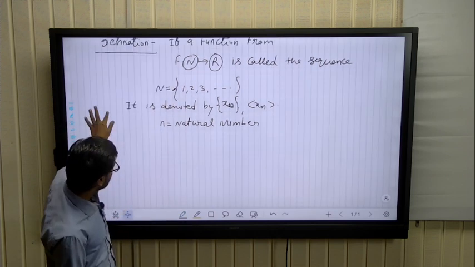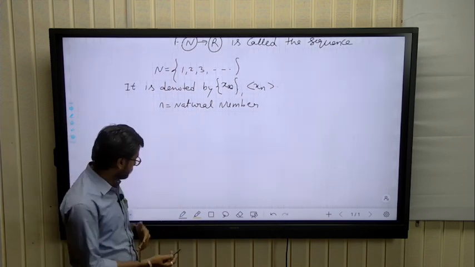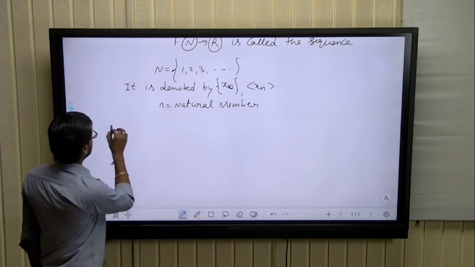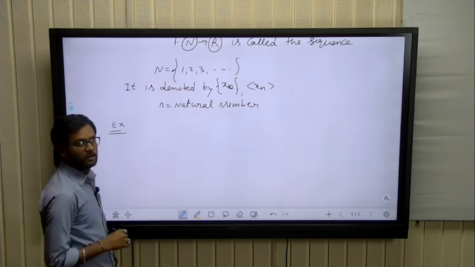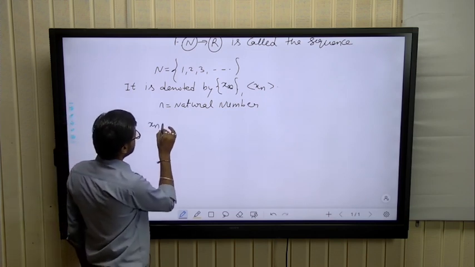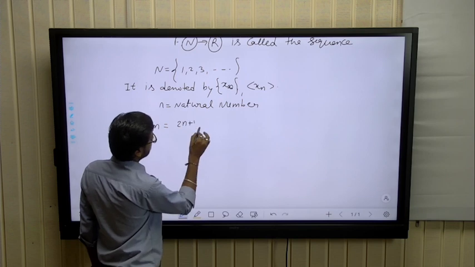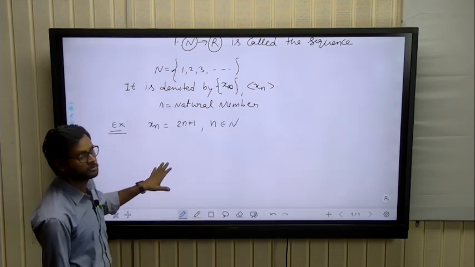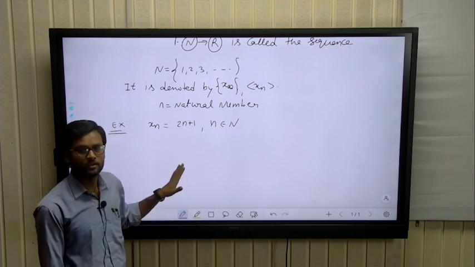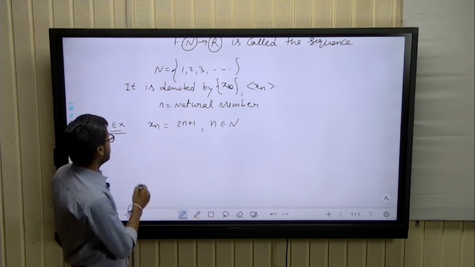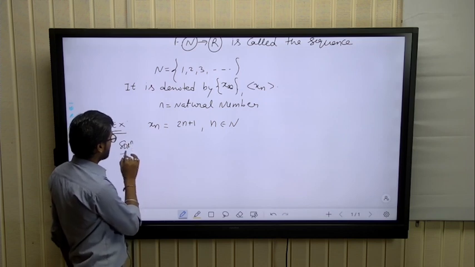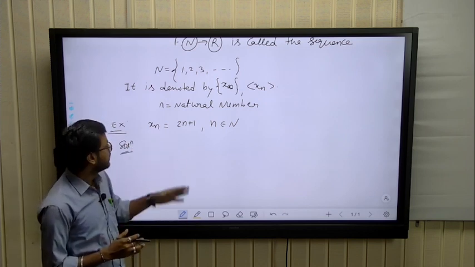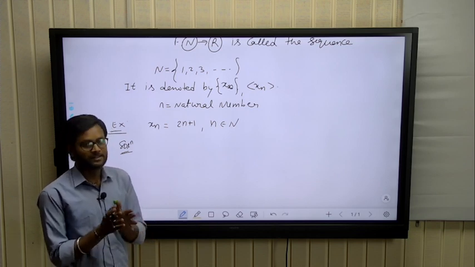Now we take two or three examples of a sequence. For example, the sequence is xn equals 2n plus 1, where n belongs to N, and the question is to write down the terms of the sequence. The solution: we know n is a natural number, and it starts from 1.